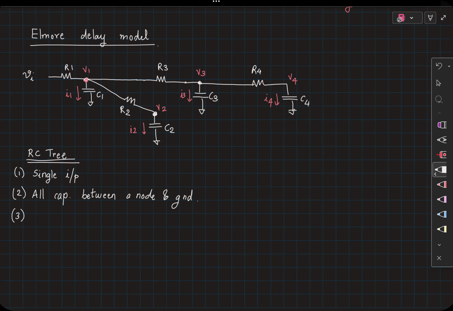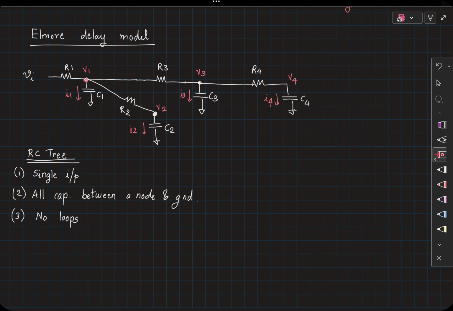And finally, there should be no loops in your RC tree. Meaning that if you were looking at any particular node, you can find one and only one path between the input and the node that you are interested in. You don't have multiple paths from the input to the node. There should be a unique path from the input to the node whose time constant you are calculating.